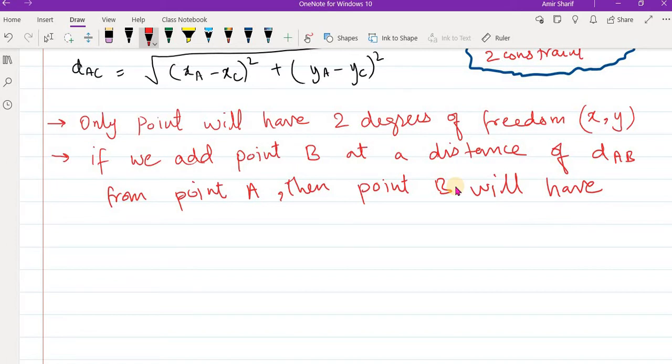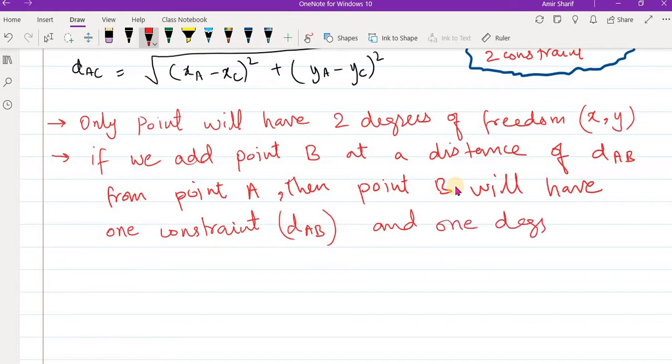Point B will have 1 constraint, which is DAB, which is a radius, and 1 degree of freedom, which is theta, the rotation.